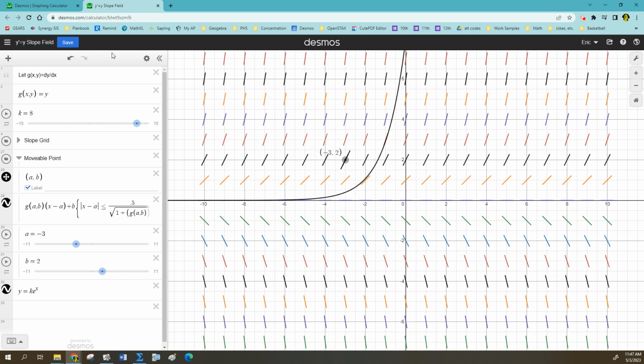But this one is. What's that? If I graphed what now? No, it's not e to the x. Yeah. Does that make sense?